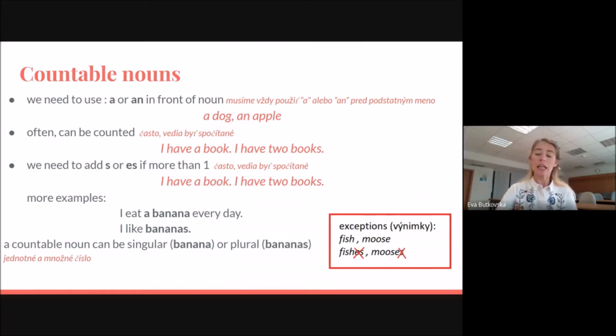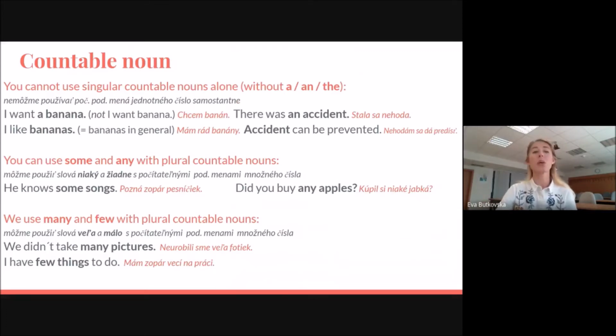So let's really understand it. We cannot use a singular countable noun alone. We always have to add a, an, or the. So for example, I want a banana, or there was an accident. So that's a singular countable noun.